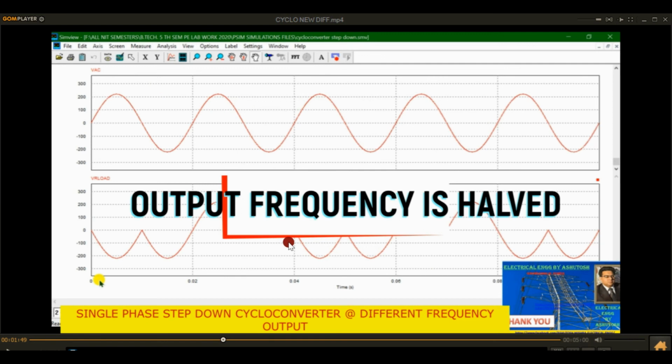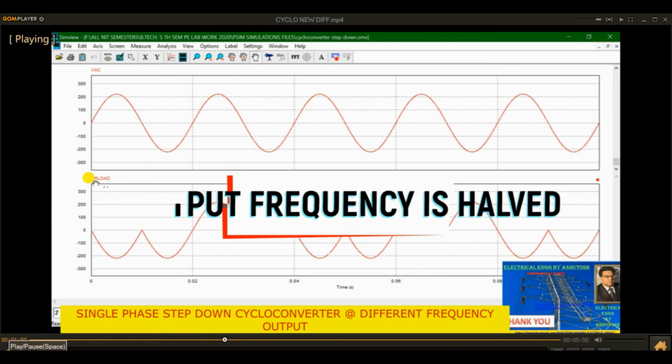You can see from here that the output frequency is half, meaning the AC input cycle has a frequency of 50 Hertz, the upper cycle, and the output frequency is half, which is 25 Hertz. It has become 25 Hertz.